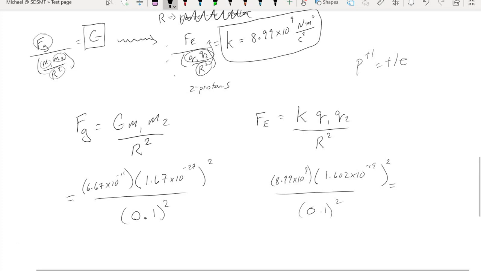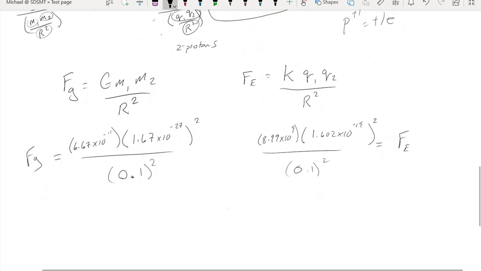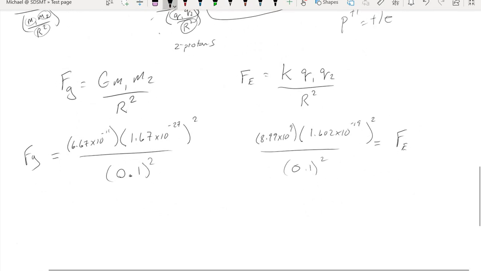So we're looking at which one of these quantities is going to be stronger. And right away I can tell that it's going to be my electric force because of all of the power notations within the numerator. Let's see, I'm going to get a power in the numerator that is approximately, well, I won't do approximate.